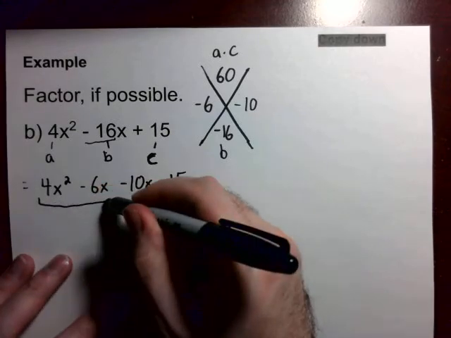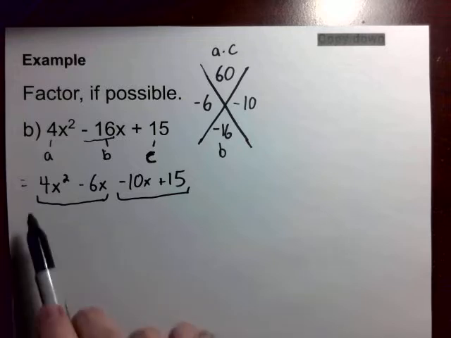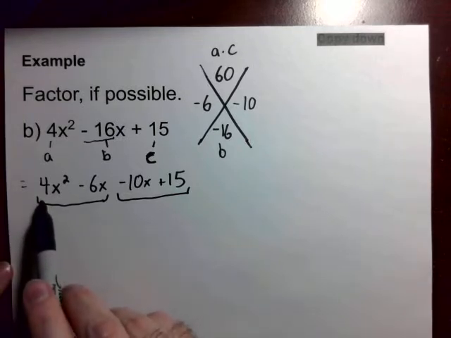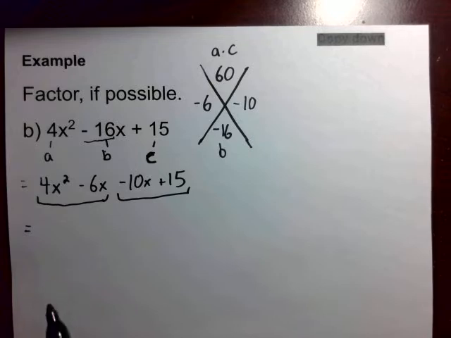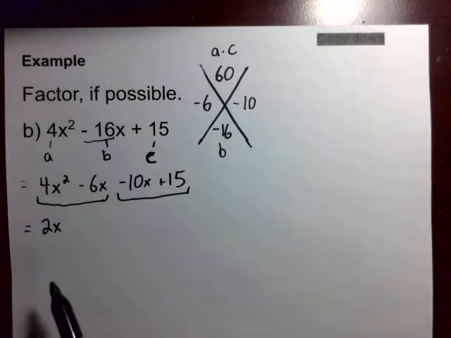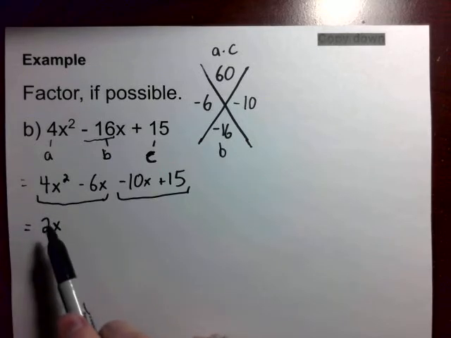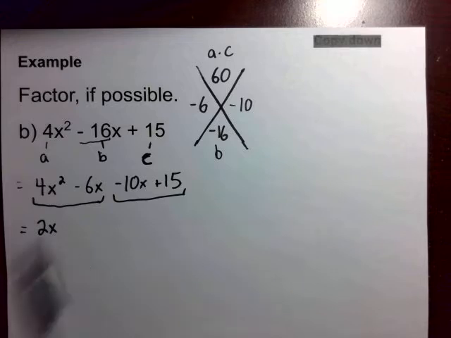So I'm going to chunk it up into 2 chunks that we can hopefully create common factors for. Between 4x squared and negative 6x, there is going to be a common factor of 2x. If you're not clear on how we got 2x as the greatest common factor, please send me a message or review some past lessons.